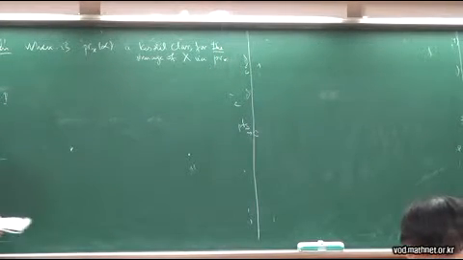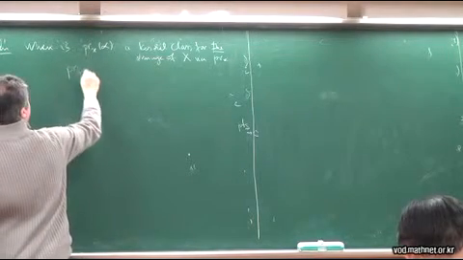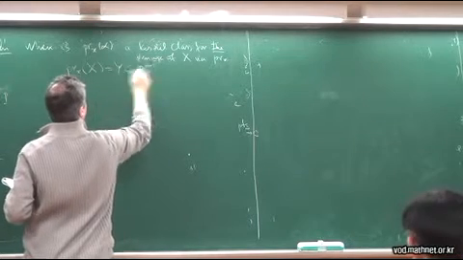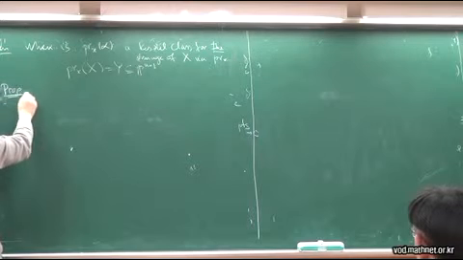And the answer is the following proposition. So let's call the image of X, the projection via Rx, to be Y. This is in P^(n-1). So we have the following proposition.